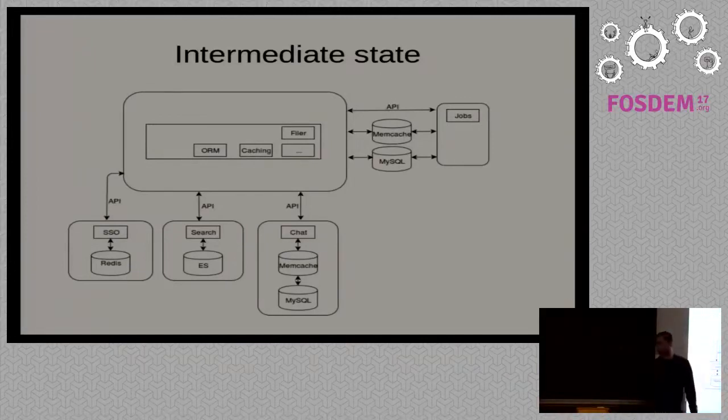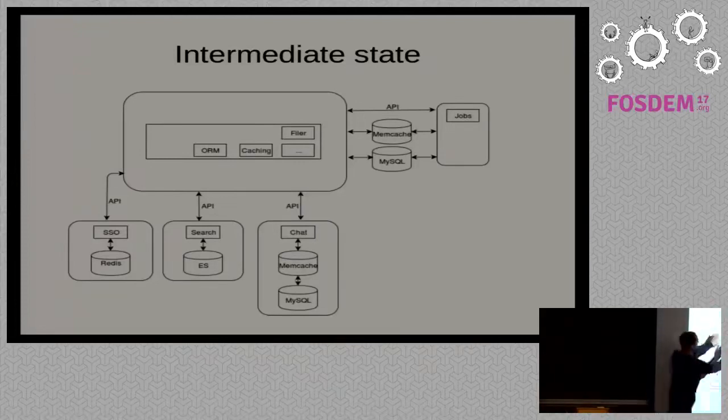SSO is also a very good example, because with SSO, you can authenticate users and share authentication between a lot of different units in your ecosystem. Like your main application can use the authentication, but another application can use the same one, because now it's a standalone application that just calls through an API.